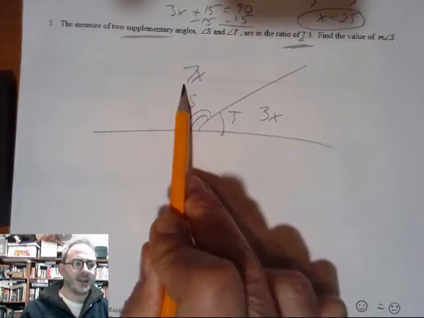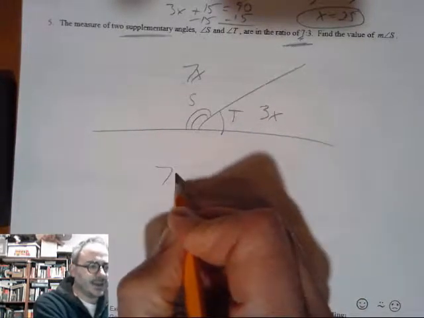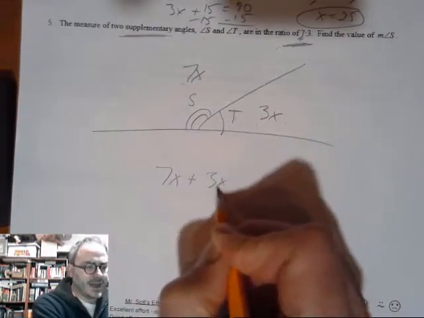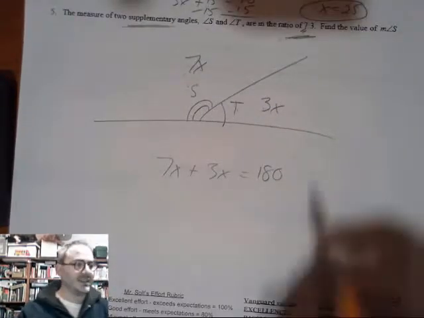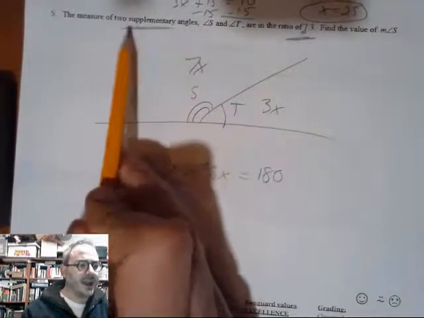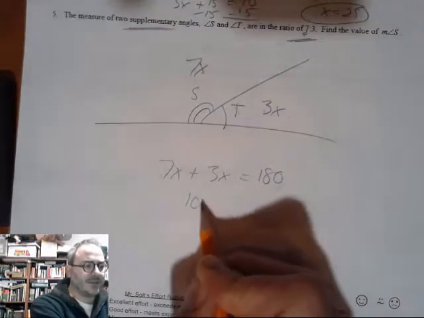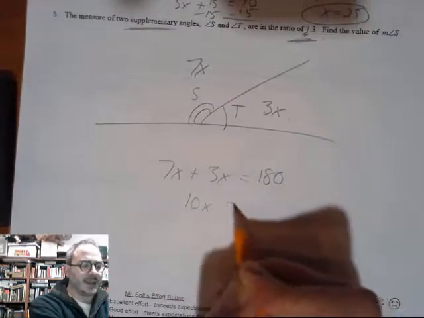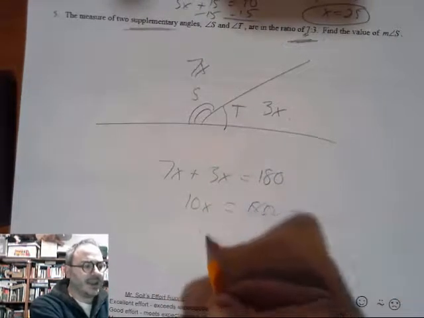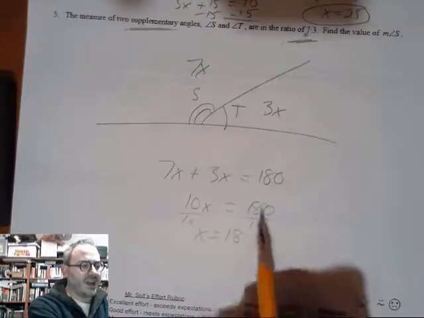So 7x plus 3x equals 180. That's the equation you should have written. Combining like terms, 7 plus 3 is 10, so 10x equals 180. x equals 18 after I divide by 10 on both sides.